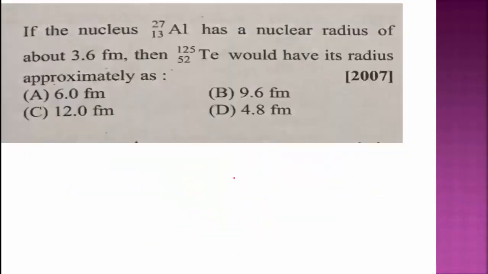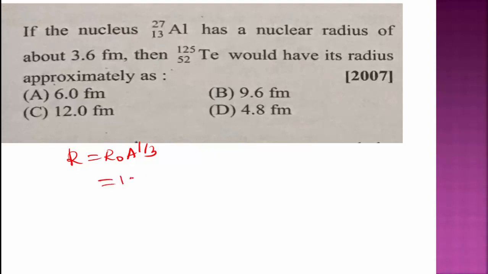And the next question is, if the nucleus of aluminum 27 (atomic number 13) has a nuclear radius of about 3.6 Fermi, then tellurium 125 (atomic number 52) would have its radius approximately. We know the formula to calculate the radius, that is R is equal to R naught A to the power of 1 by 3.